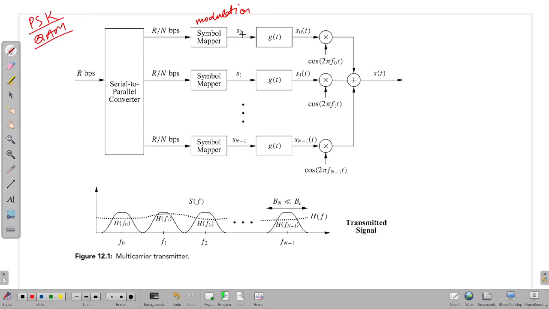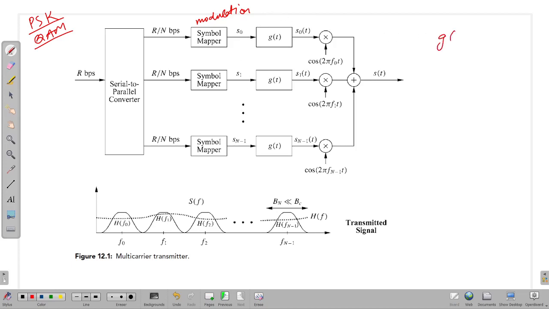And after modulation, you obtain the modulated symbols. You have S0, S1 up to Sn minus 1. These are the modulated symbols. And you have a pulse shaper, that is g of t.